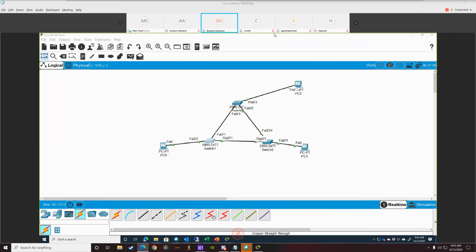Who's that? He's giving me the answer. Okay. So why do we need the spanning tree protocol? So the question.